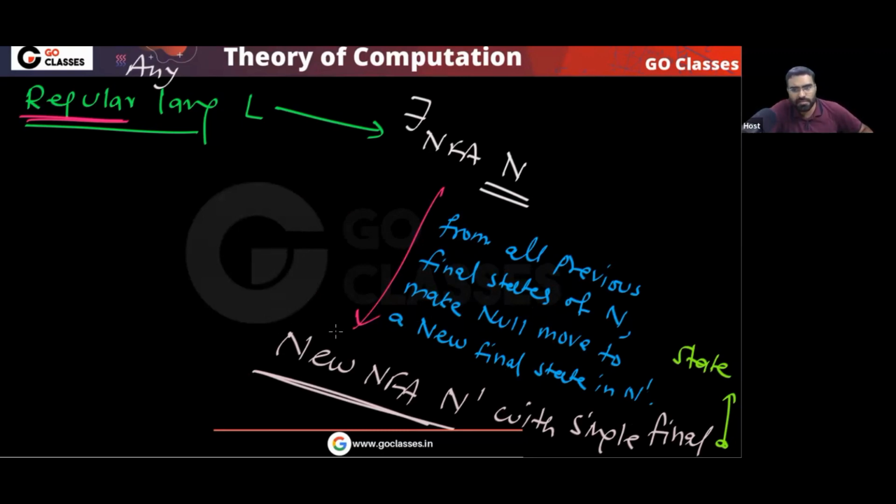Is this idea clear? Please tell me. So you can notice for every regular language, there is an NFA with a single final state. So this is the complete idea.